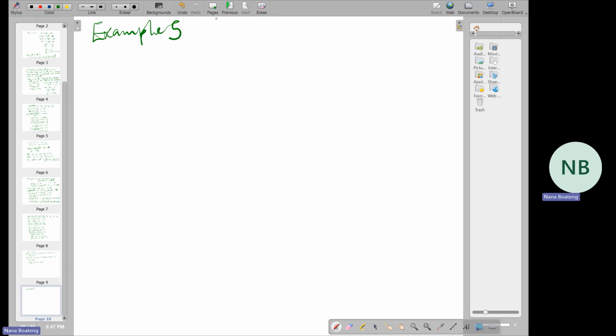It says solve the system: x squared plus y squared is equal to 40, and x minus 3 squared plus y squared is equal to 32.